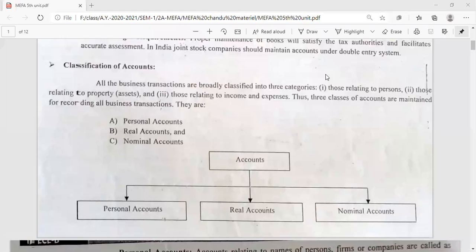Real accounts are related to assets, some assets or properties account. The third one is the nominal account. These nominal accounts are for identifying the profit or loss, other expenses, and the incomes we are getting.